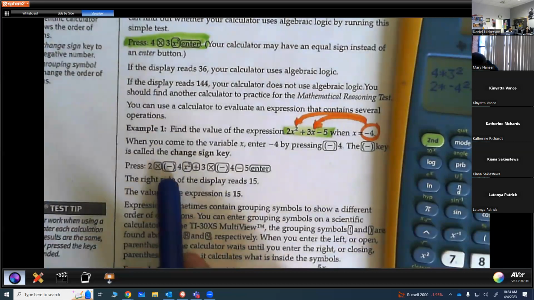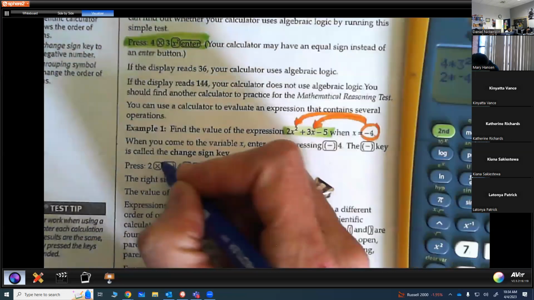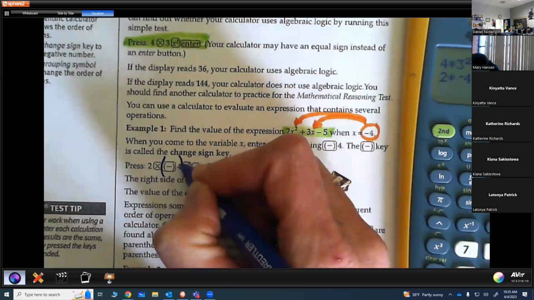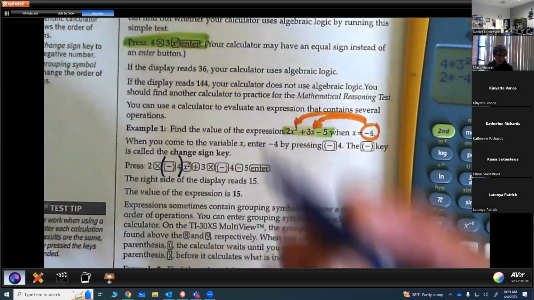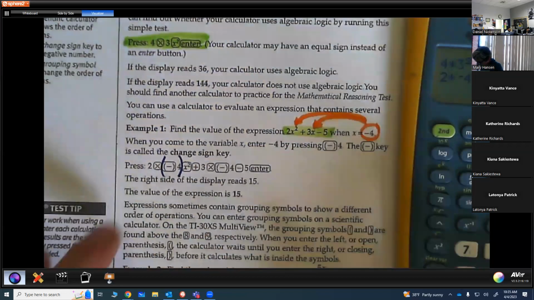They're showing the demo on the actual calculator. I know, yeah, that's what I'm seeing, Daniel. They should have the parentheses and they didn't put it in there. Well, that's really crummy. We need to put parentheses around this -4 in order to get a right answer.